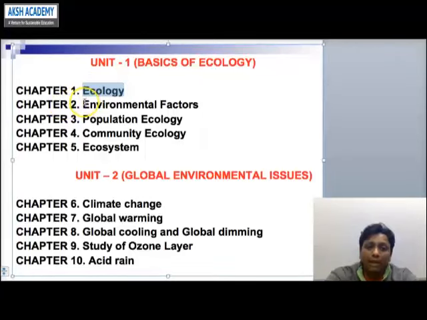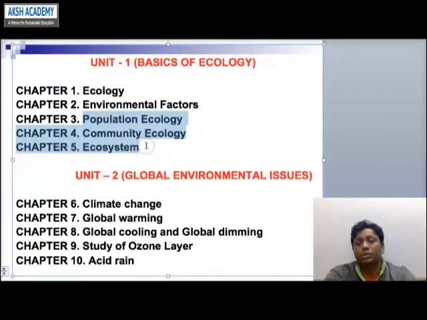Even different environmental factors which are responsible for the presence of any species in a particular habitat. Factors and resources are also very, very important. Even various terms, population ecology, community ecology and ecosystem, are also important for examinations.